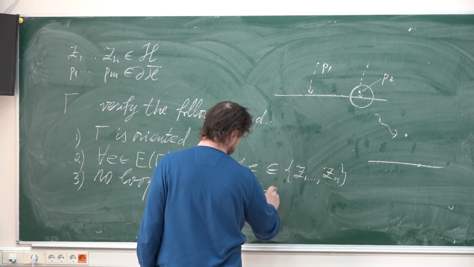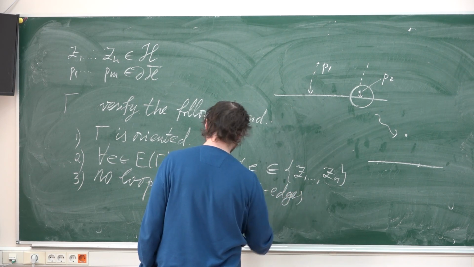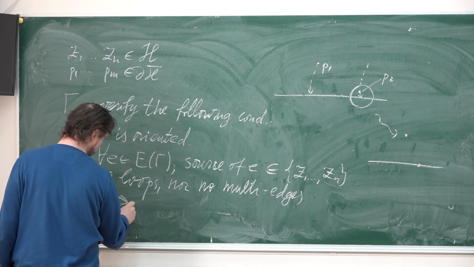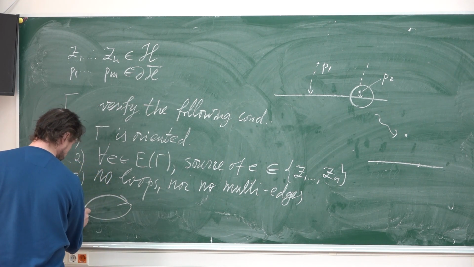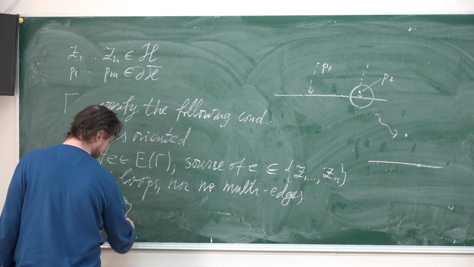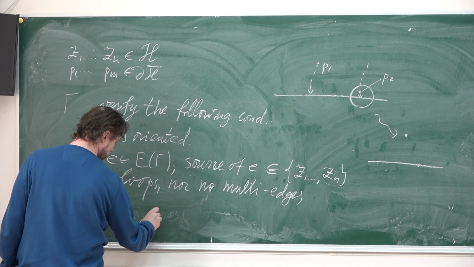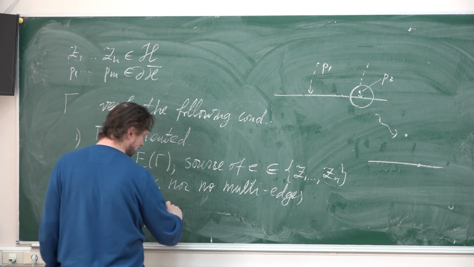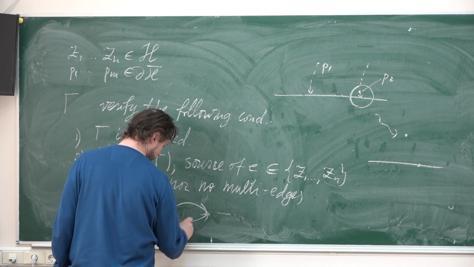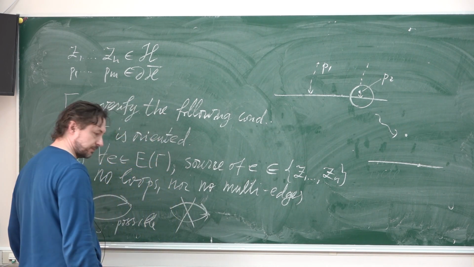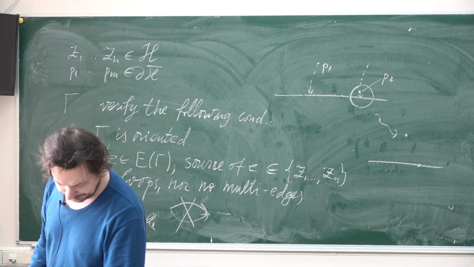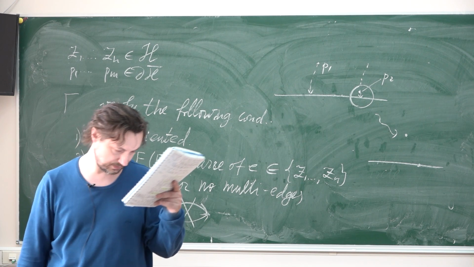Multi-edges, where I allow the edges to go in different directions between 2 points. This is possible. But I do not allow them to go in the same direction. Okay? Nice. Anything else?